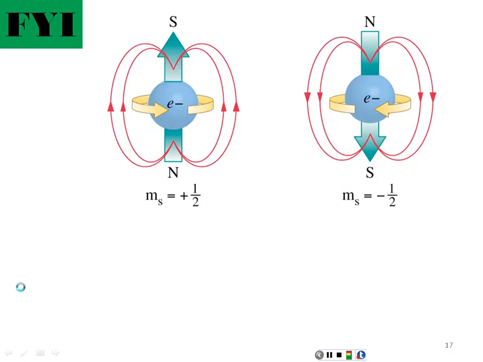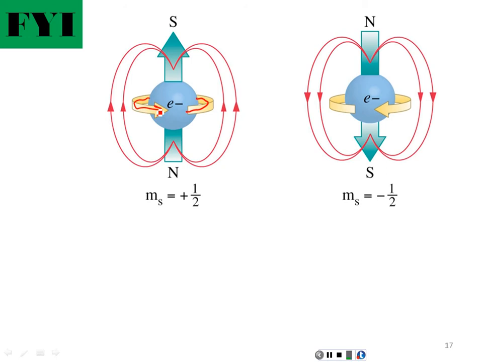And what does that look like if we try to visualize this electron? Why do we call it spin? Well, it's a charged particle, and if it spins on its axis, you remember, we talked a little bit about this in terms of electromagnetic radiation, how there's an electric field and a magnetic field perpendicular.